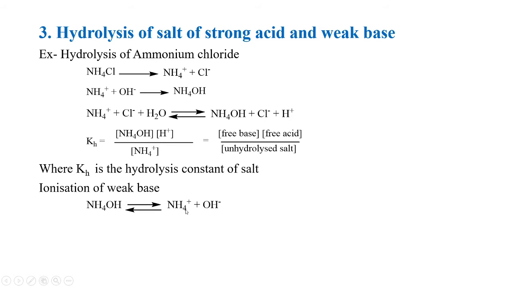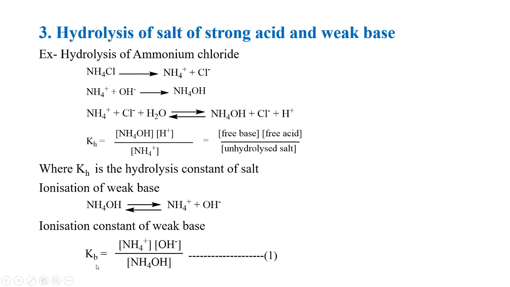It gives NH4+ and OH-. Next, we can write by using the law, the ionization constant of weak base, that is Kb, is equal to product divided by reactant, NH4+ into OH- upon NH4OH. So this is equation number 1.